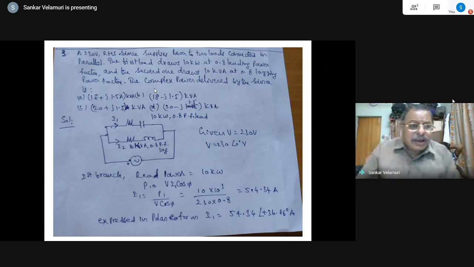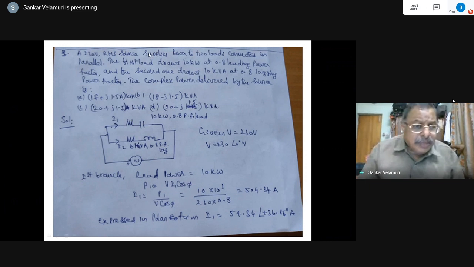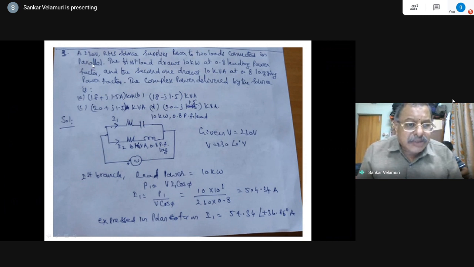Now I will go to the next problem, which I have taken. A 230 volts RMS source supplies power to two loads connected in parallel. That is a parallel circuit problem.